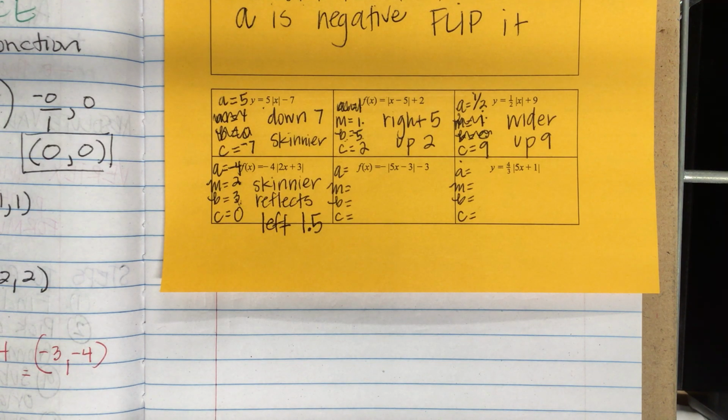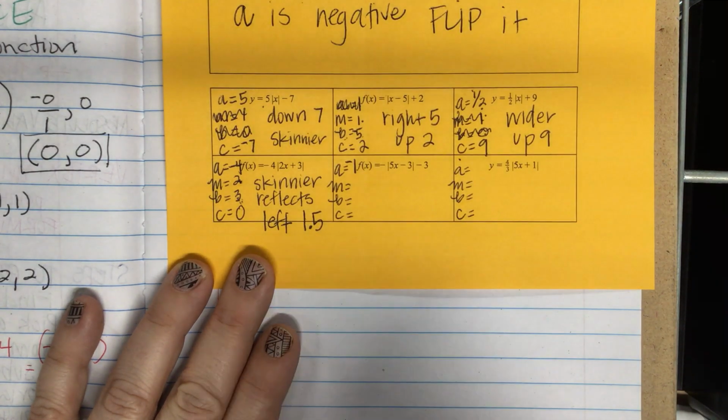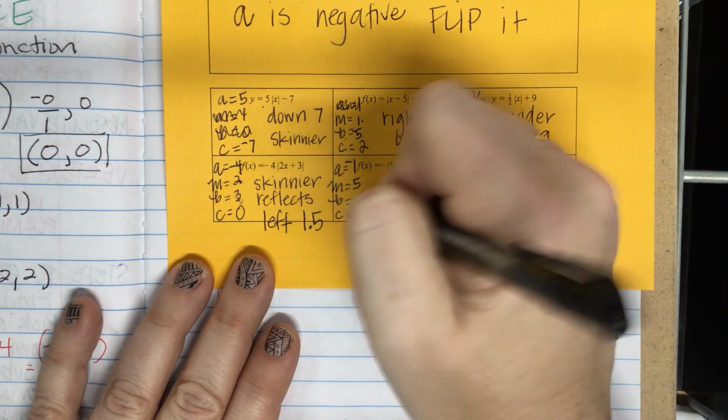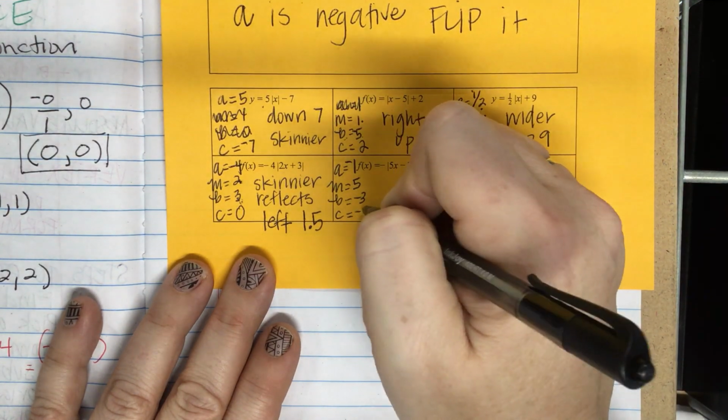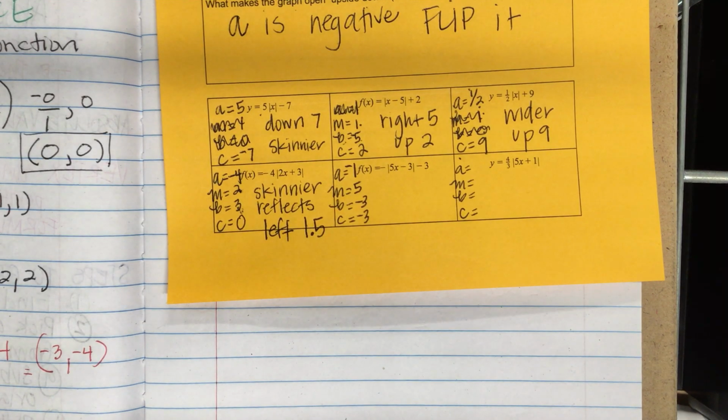Amelia, what did you get? A -1, M 5, B -3, and C -3. Perfect. Does a value of -1 do anything to my graph? Yes. It reflects it.